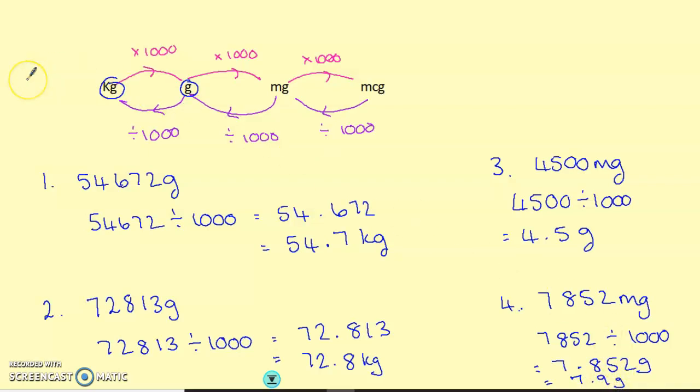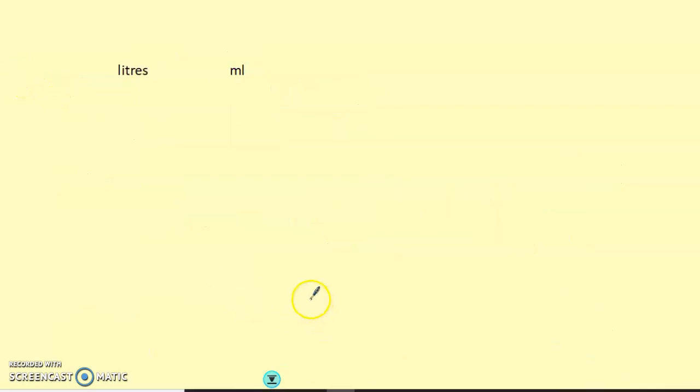Okay, last wee thing that I want you to practice today then, and that's looking at litres and millilitres. There are 1,000 millilitres in a litre. Going from litres to millilitres, we times. Going from millilitres to litres, we divide.